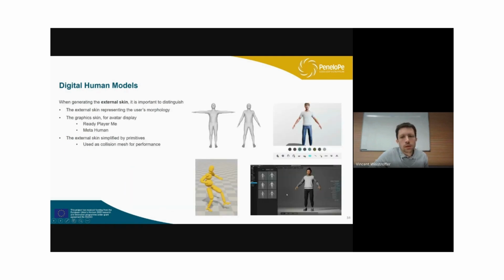About external skin, it is quite important to understand and to distinguish between different types of skin. The one I talked about is mostly the external skin representing the user's morphology. The second type of skin is more for 3D animation, and it is the graphics skin used for avatar display. It's mostly the one that you would generate thanks to Ready Player Me tools or MetaHuman tools.